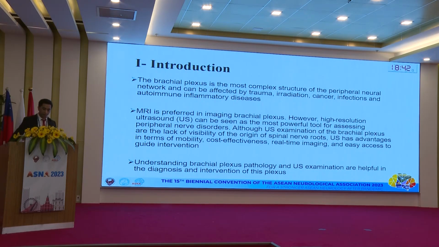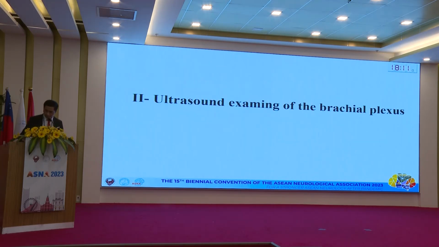Although ultrasound examination of the brachial plexus lacks visibility of the origin where the nerves come from the spinal cord, ultrasound has many advantages: mobility, cost effectiveness, real-time imaging, and easy access to guided intervention. Understanding brachial plexus pathology and ultrasound examination can be very helpful in the diagnosis and intervention of this plexus.